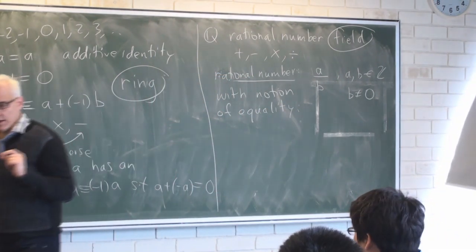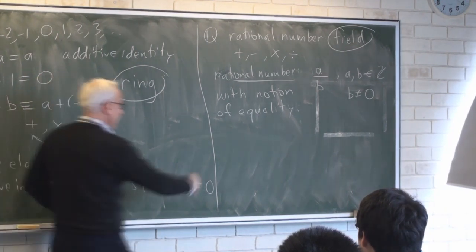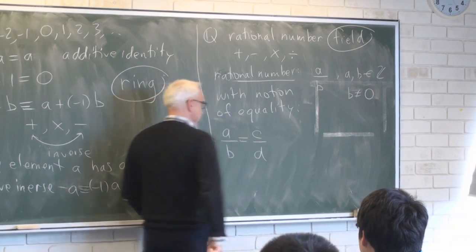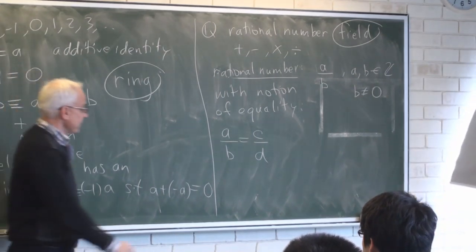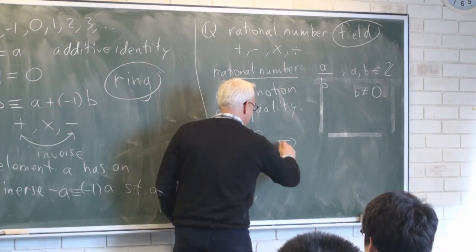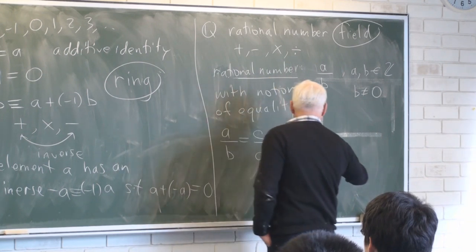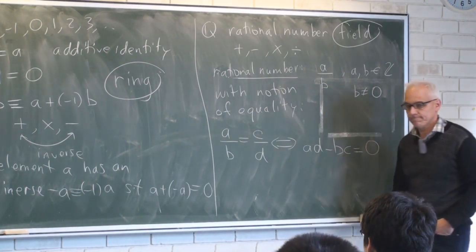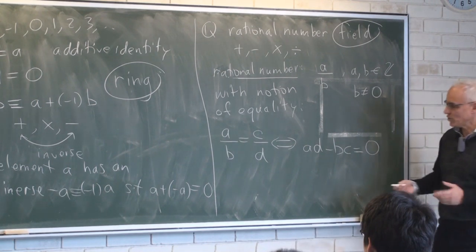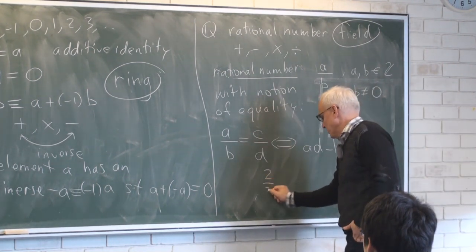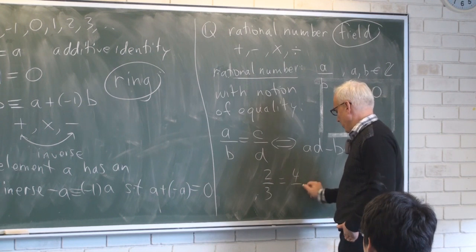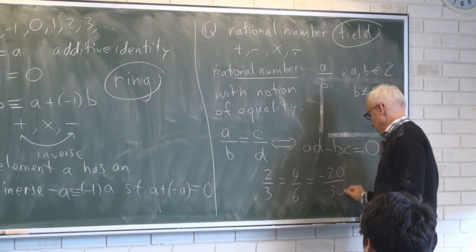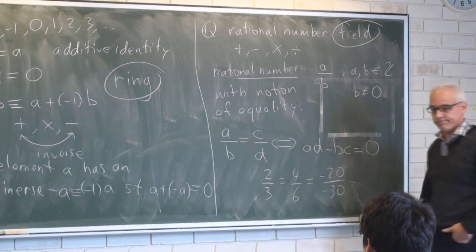And the notion of equality is that a over b equals c over d precisely when AD minus BC equals 0. So for example, 2/3 is the same as 4/6, which is the same as minus 20 over minus 30, etc.